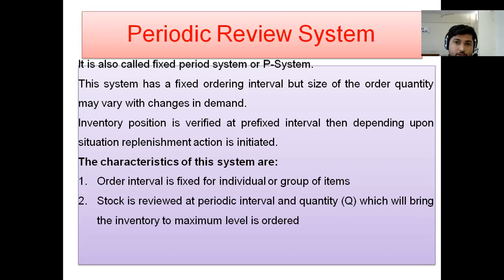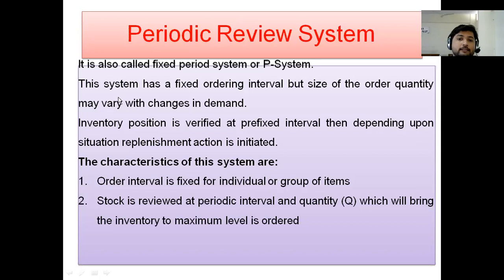Now the quantity changes according to the demand, according to the fluctuation in inventory. According to that, the quantity is changed, but the ordering period is the same. The difference between two orders in terms of time is constant, but the quantity varies, according to the difference between the minimum and maximum level.